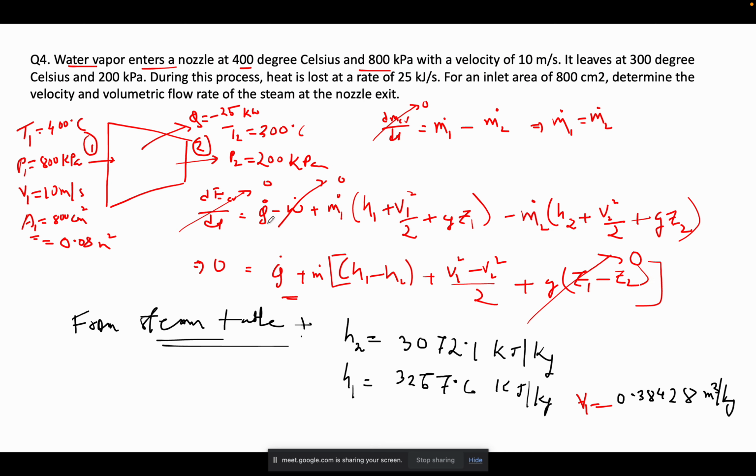Q is given as minus 25, basically in kilowatt.